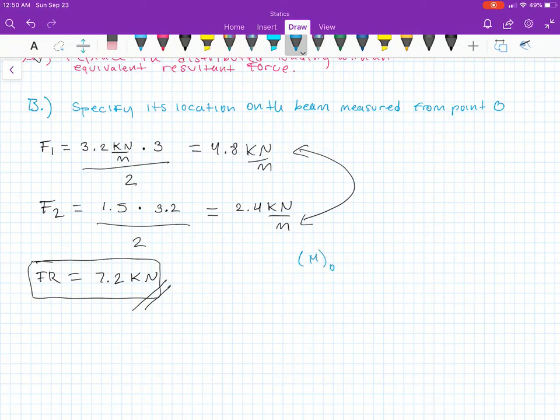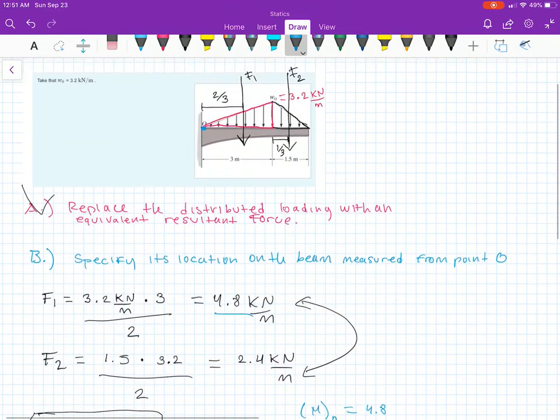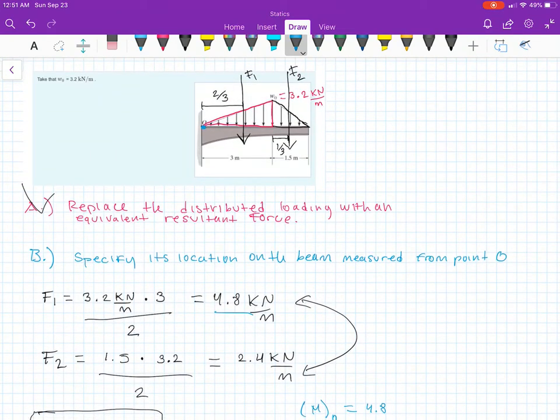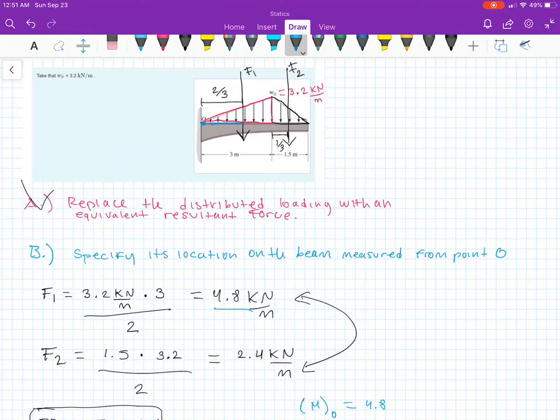So the moment from O is, we get our force 4.8, which is right here, and the distance from F1 to point O, so this right here, is 2 meters, because we're calculating from the 2/3 of the triangle.